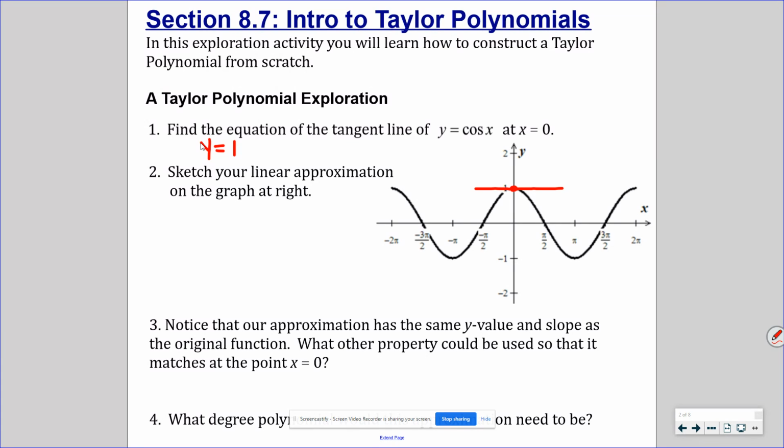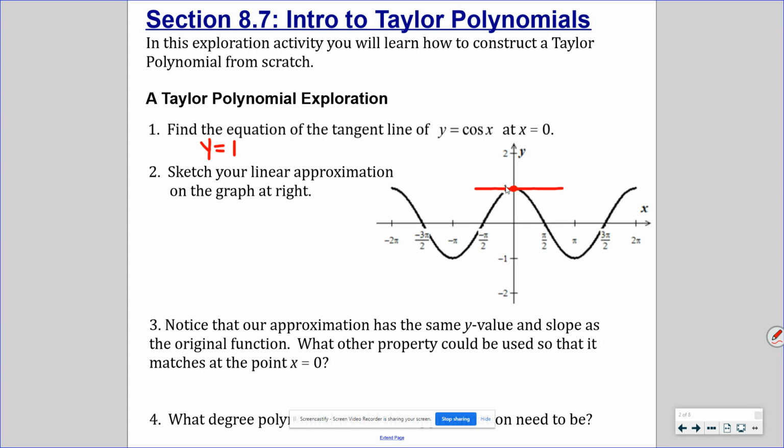Okay, we got that. Notice that our approximation has the same y value and slope as the original function. What other property could be used so that it matches at the point x equals 0? Basically, I'm saying that cosine of 0 is 1, and my tangent line at 0 is also 1, so they have a point in common.